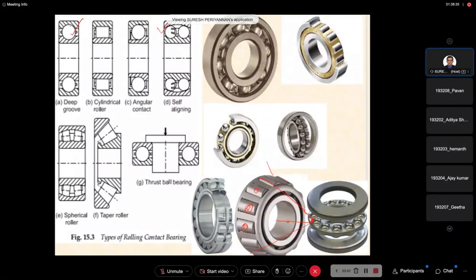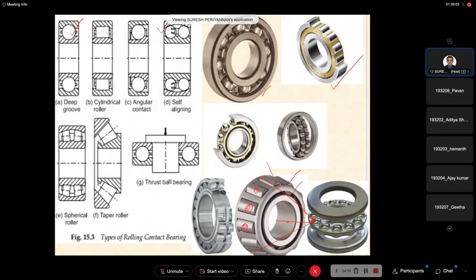This taper bearing can be used for heavy radial and axial loads, and it has more rigidity as compared to the deep groove ball bearing or the cylindrical roller bearing. The only disadvantage is that this bearing is more costly.